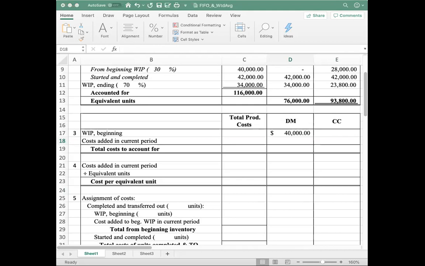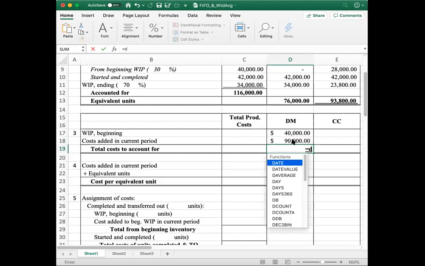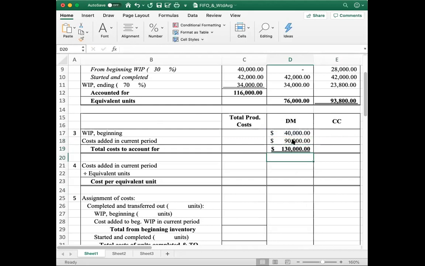So you added 90,000 more during this period. The sum of this, that's D17 and D18, gives you 130,000. For conversion cost, 95,000 was the beginning work in process inventory cost.